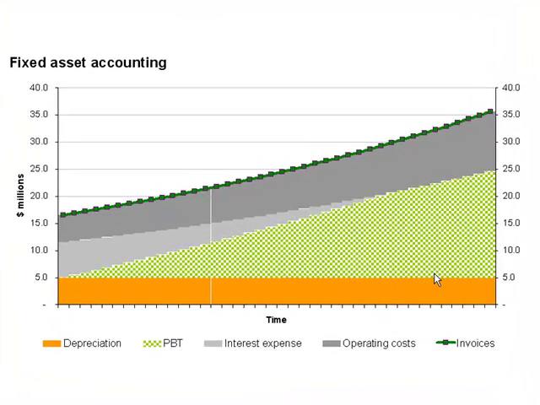Okay, green line, invoices, ramping from somewhere between 15 and 35 million over a 20-year concession sales contract. Operating costs, dark gray, interest expense on our debt. So that has nothing to do with the financial asset. This is our liability interest expense.